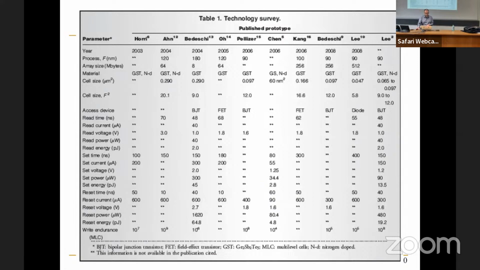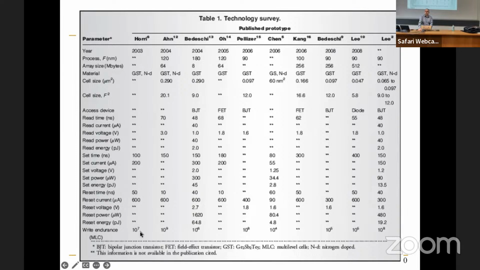So you can see that, for example, there are some prototypes that you don't know much about, unfortunately. There is only this set time, which is like 100 nanoseconds, the set current, which is 200 microampere, reset time, which is 50 nanoseconds, and reset current, which is 600 microampere. And also, of course, you have this write endurance.